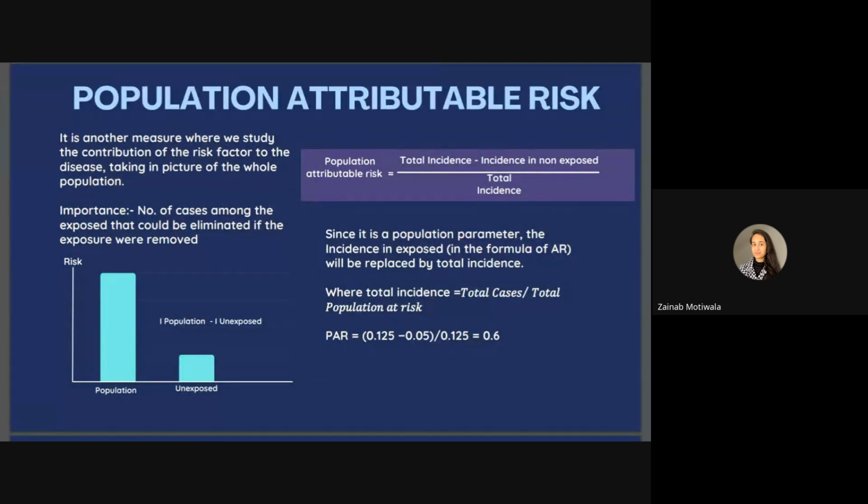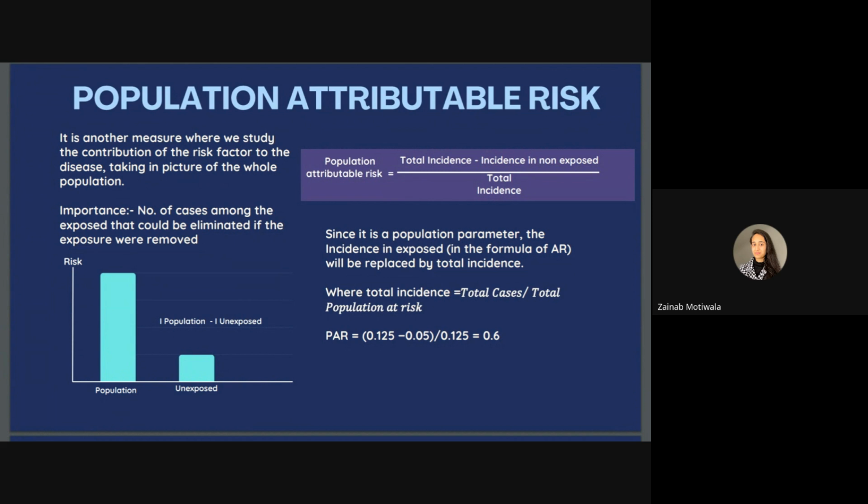So in this case, as you all had divided it, it would be about 0.125 if we just kept it as a fraction. So it would be 0.125 minus 0.05 upon 0.125. That would be about 0.6, that is 60%.